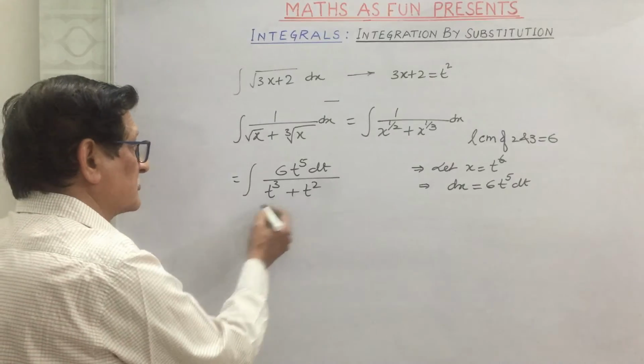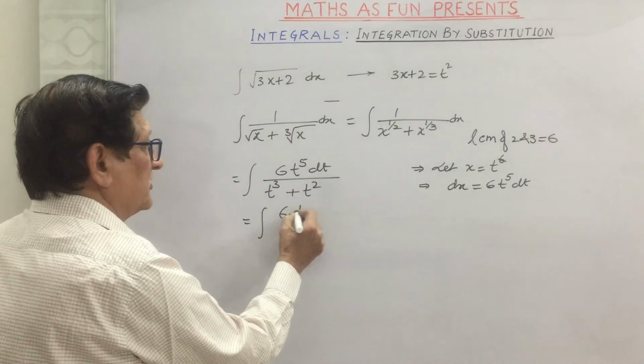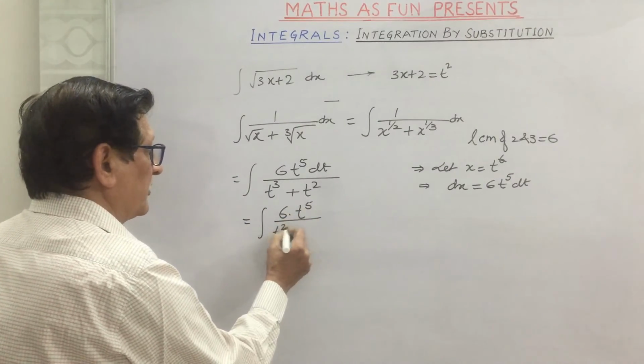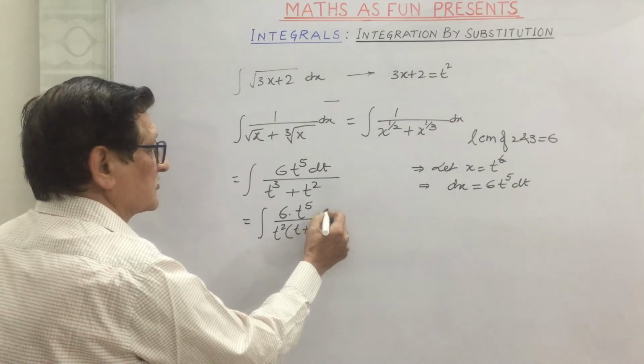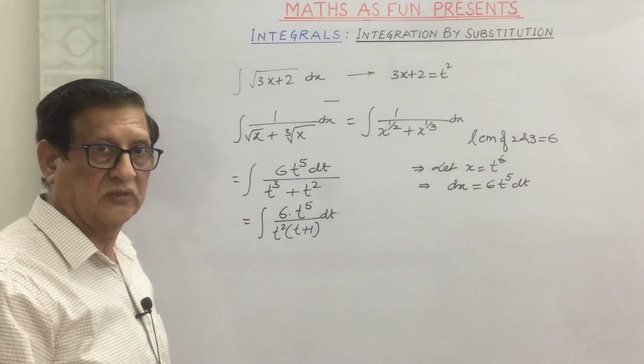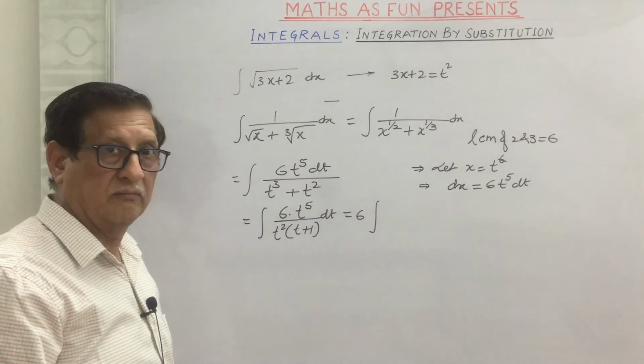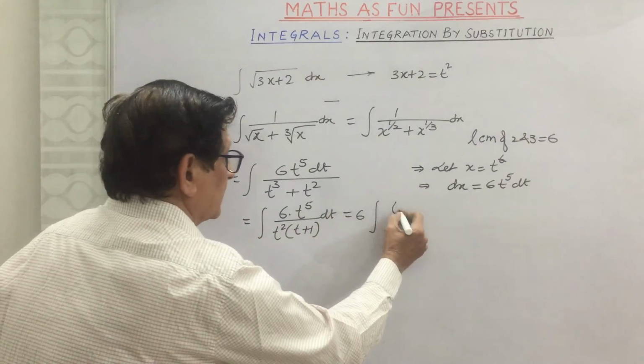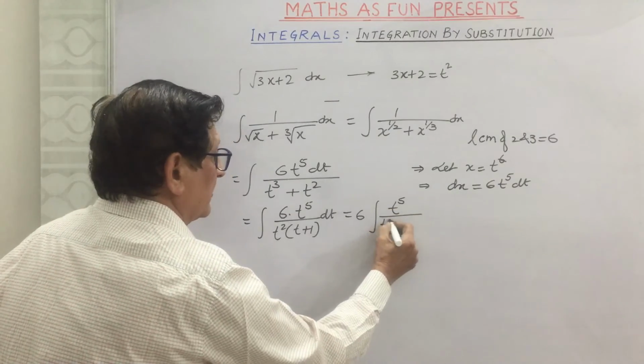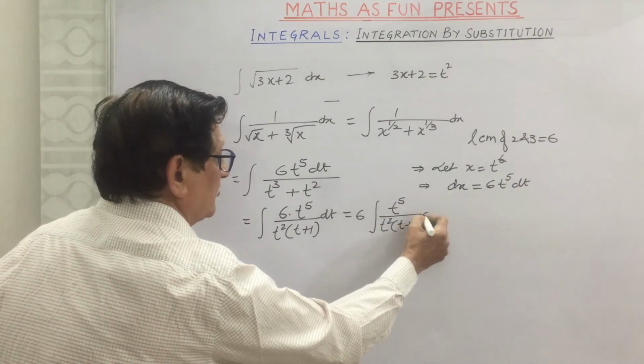And if we take t square common here, this will be 6t5 upon t square common, this is t plus 1. 6 is a constant, we can take it out of the integral, and we can write this as t to the power 5 upon t square into t plus 1.